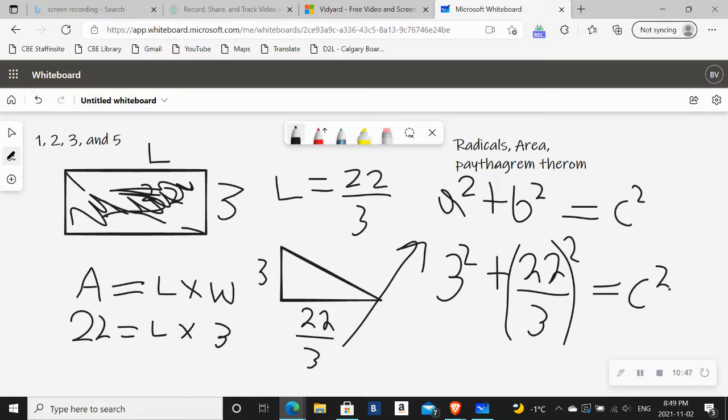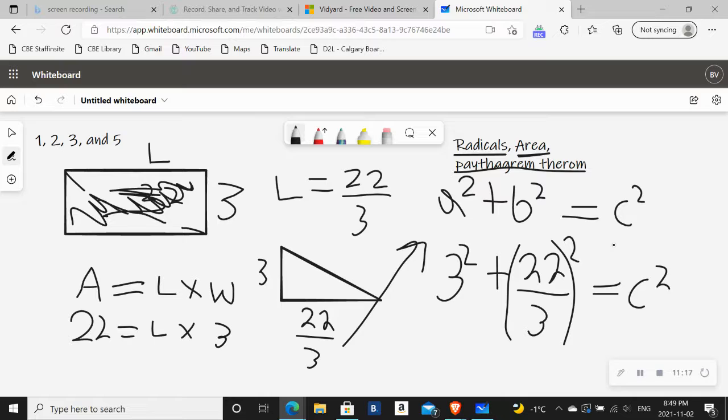And so here is where it gets kind of simple for a while before we actually have to use radicals. So far we've used area, and we've used the Pythagorean theorem, and soon we're going to use radicals.